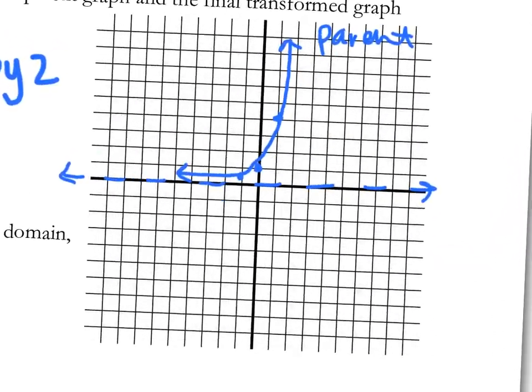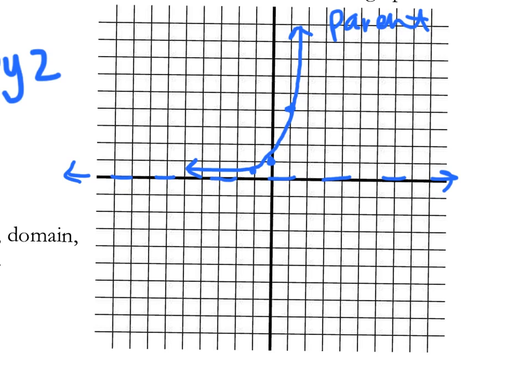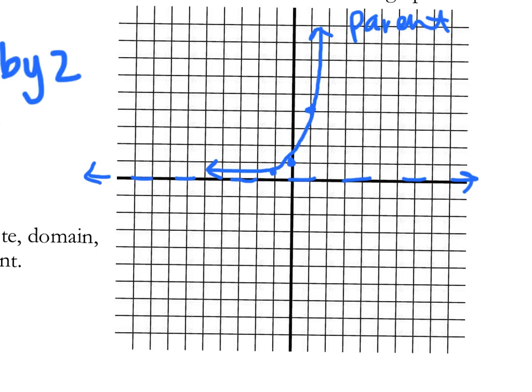The same way that we did with rational functions, I would recommend first transforming your asymptote, and then after that transforming your points. For the asymptote, doing a vertical shrink isn't going to impact it, but then shifting it down by 8 will. So we're just going to move the asymptote down 8 units. 1, 2, 3, 4, 5, 6, 7, 8. So here's where our new asymptote will be.